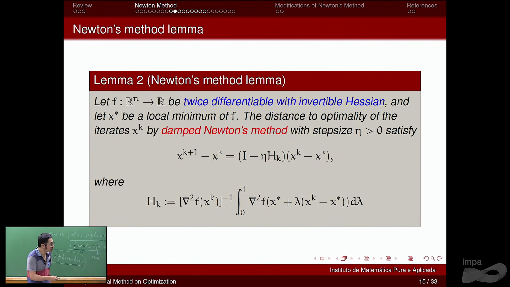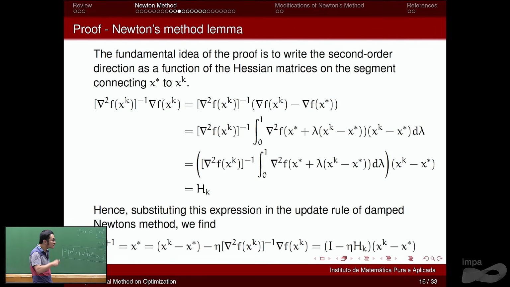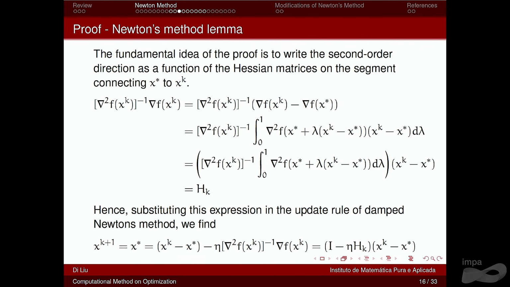So let's see how to prove this. This is quite simple. The idea of this proof is we write the second order direction as the Hessian matrix on the line segment connecting x star and xk.